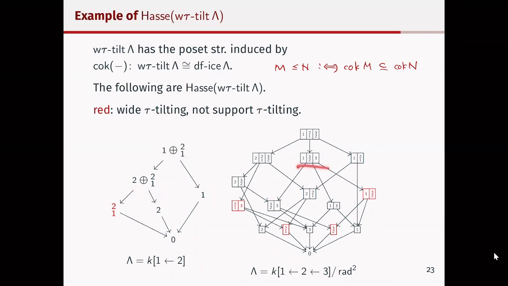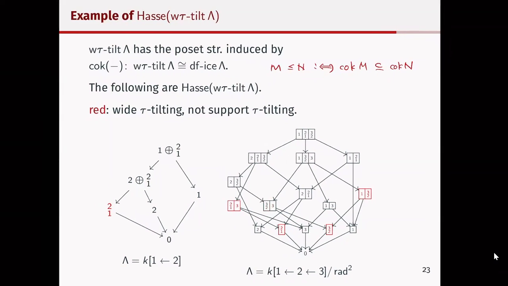And for example, in this case, by adding this, there are 3 arrows starting from this. And from this, since we add this, there are 2 arrows starting from this. So maybe some of you guessed the combinatorial property.